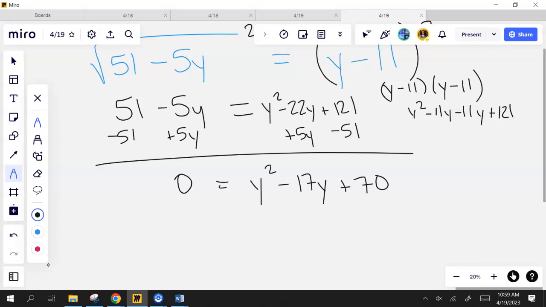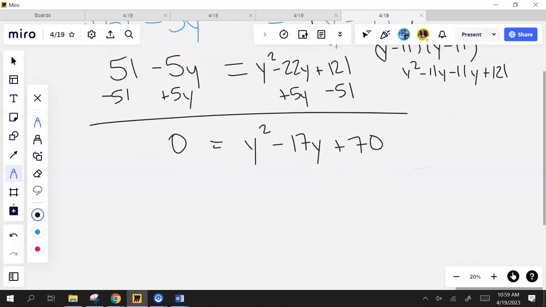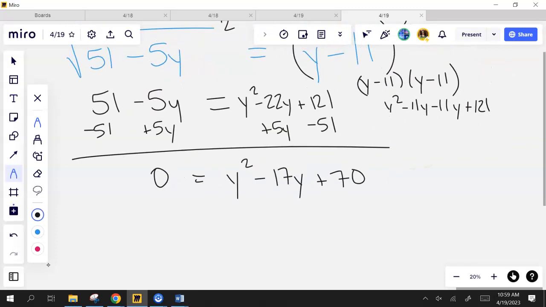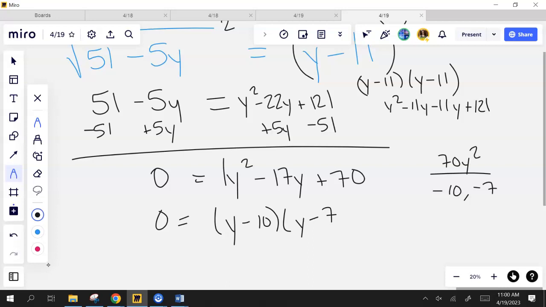What multiplies to 70 but adds to negative 17y? You don't necessarily have to group this one because my leading coefficient is 1, so I can shortcut it and say negative 10 and negative 7 are my two factors. So y minus 10, y minus 7.